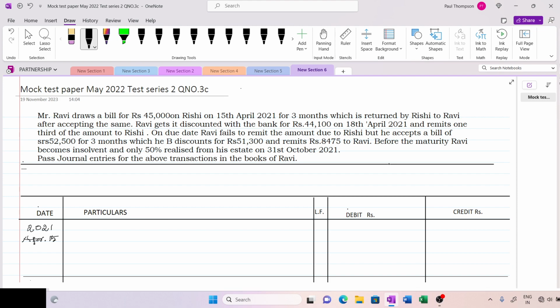Ravi gets it discounted with a bank for rupees 44,100 on 18th April 2021 and remits one-third of that amount to Rishi.